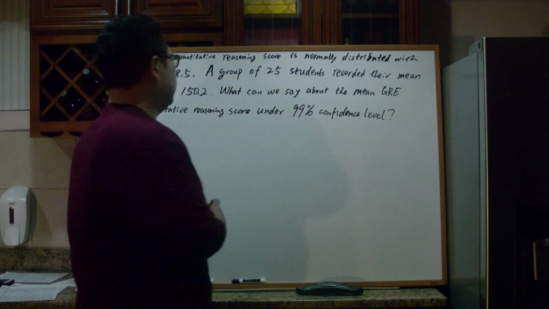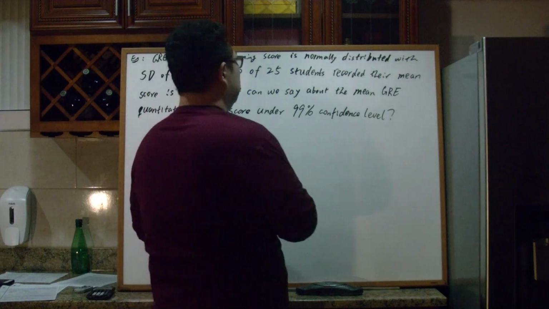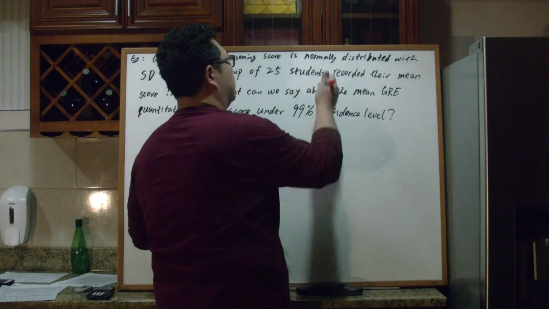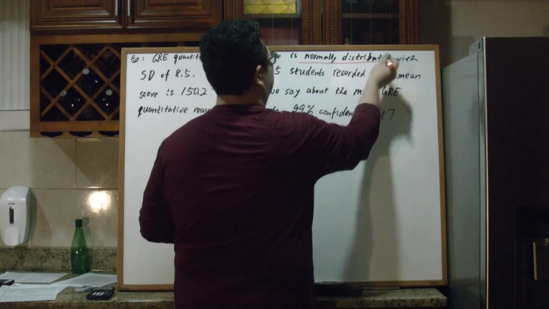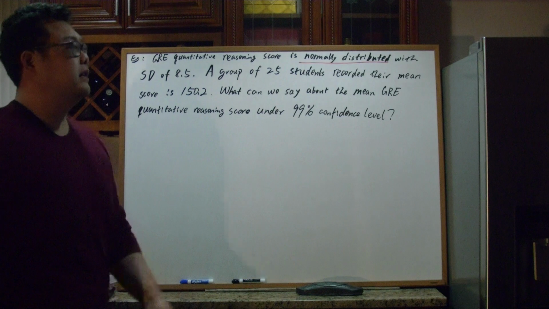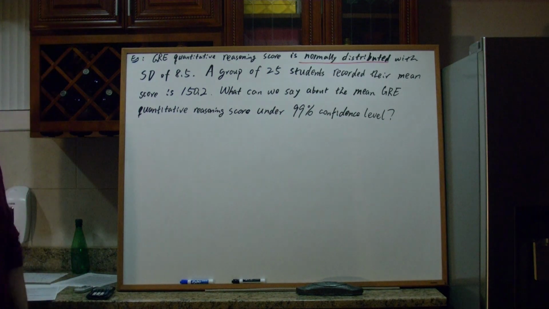Right, and we know the population is normally distributed. So that's the first thing we're looking for. If it's normally distributed, then the central limit theorem is satisfied, which means we satisfy the condition for this type of confidence interval.